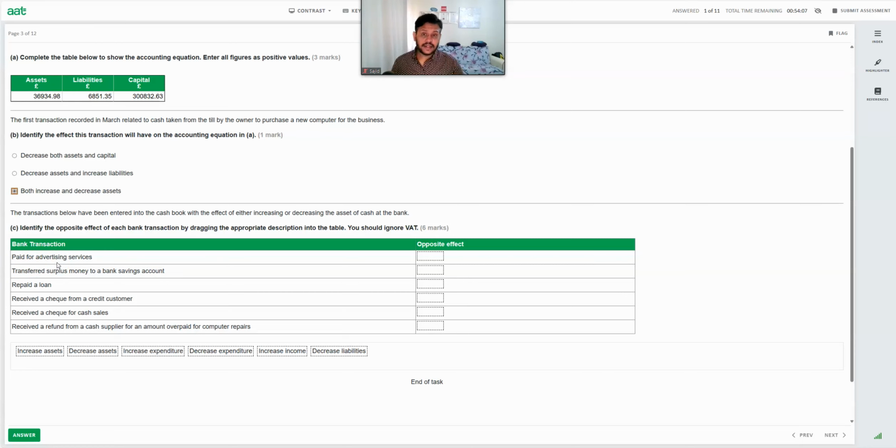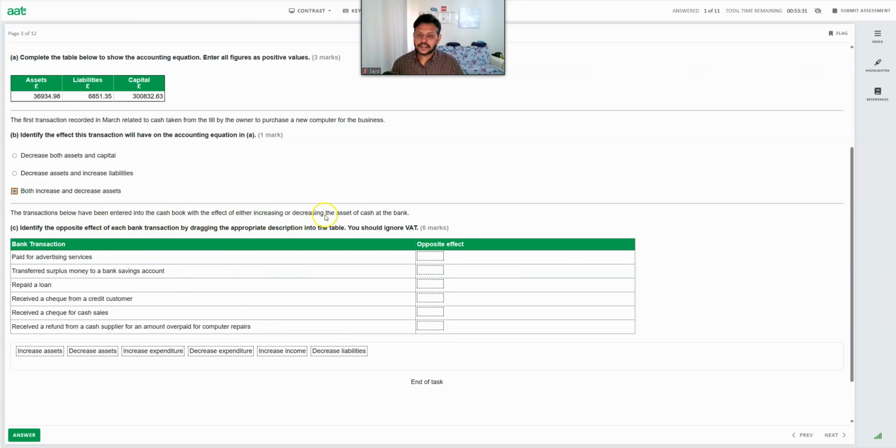We have to be very careful to understand which one is asset and which one is expenditure. Assets represent land and building, property, plant, fixture and fittings, motor car, cash, all are assets. On the other hand, expenditure could be rent, advertising, bills, wages, salary, internet, mobile phone, everything. So advertising is an expense.